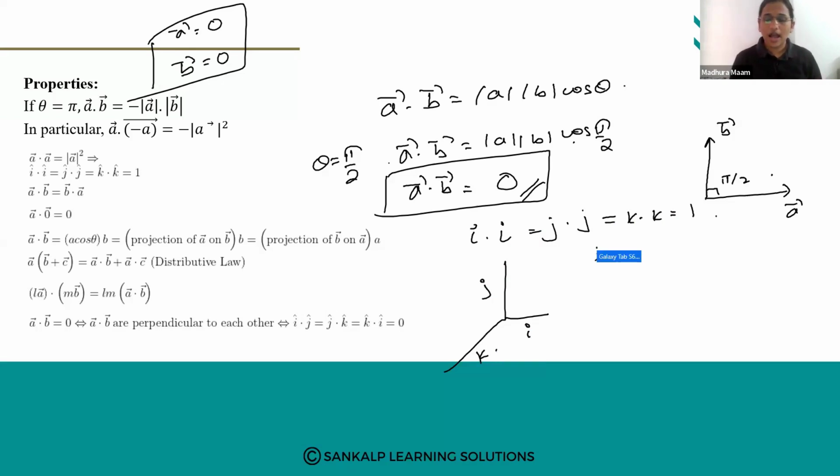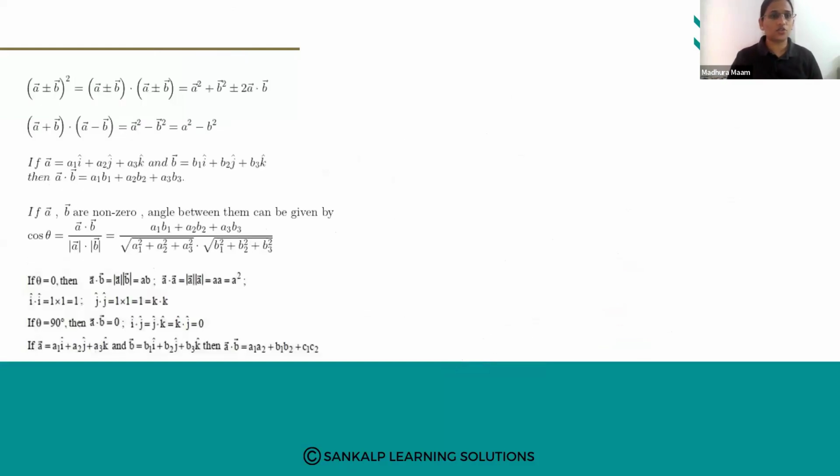Now if I take I dot J, I is perpendicular to J, and if vectors are perpendicular we know that the dot product is 0. So I dot J is always 0, J dot K is always 0, K dot I is always 0, because these are all perpendicular to each other. These are certain results which you must and should know.